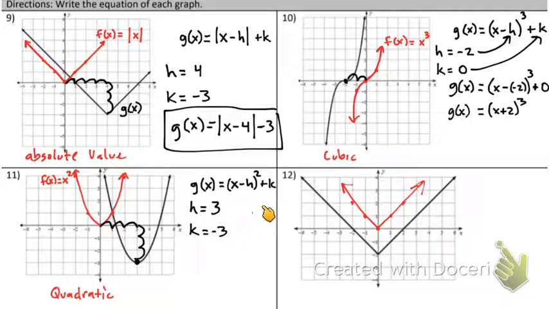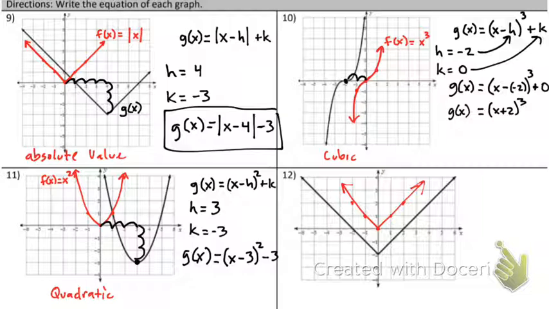Plug this in here and here, and we are done. So g of x equals x minus, and then we're plugging in 3 for h, squared because it's a quadratic, and then plug in k, but we're not doing positive k because we have a -3 for k, so it's -3 here. Nothing to clean up. This is my equation.